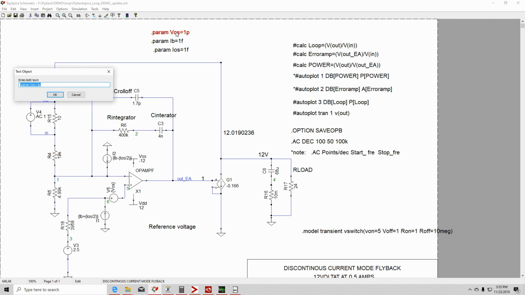So now let's set this to 10 millivolts. This is 1 micro, and then we'll set this to 100 nano.